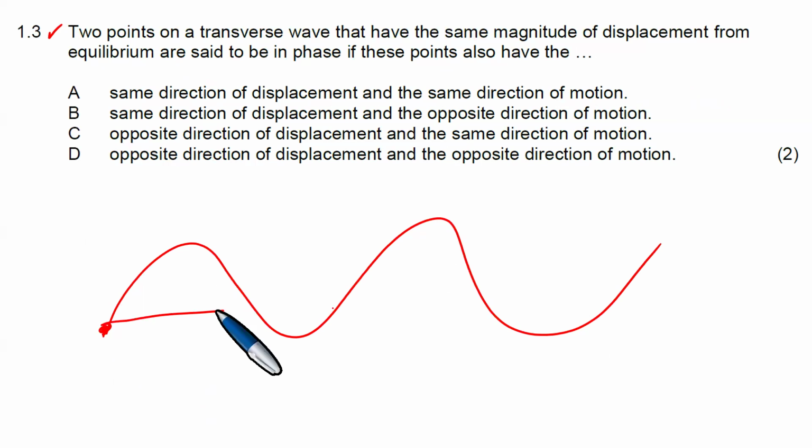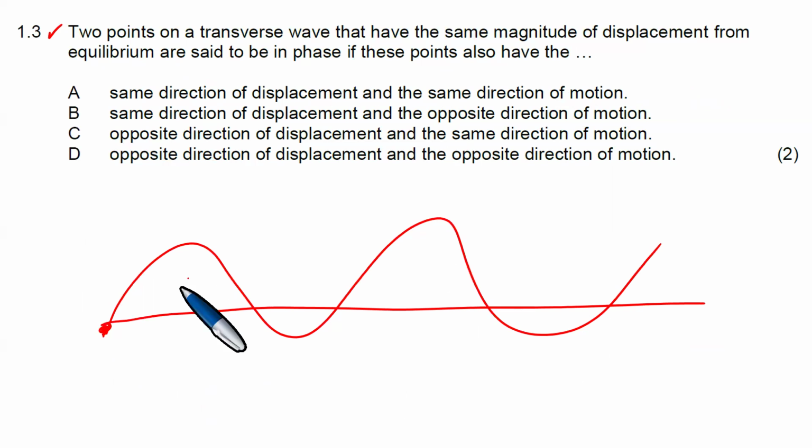And if you do this, and here are 2 points, right? If we say these points might be here, you have the same distance here and the same distance there. You are saying 2 points on a transverse wave that have the same magnitude of displacement from equilibrium.